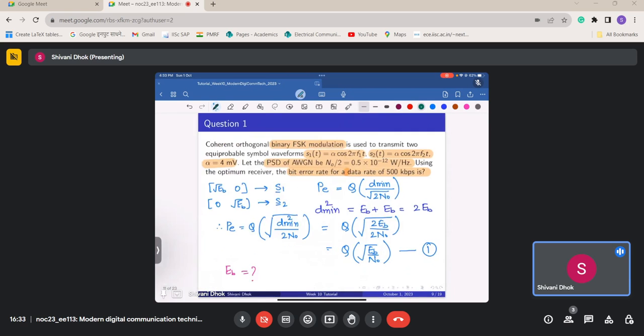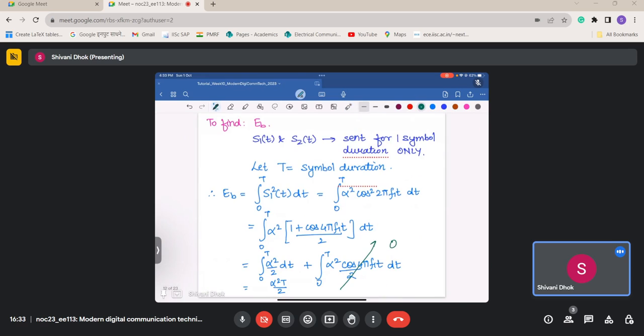Now let's go back and look at what is the value of N0. So this N0 by 2 is equal to 0.5 into 10 raised to minus 12. So this N0 will be 2 into 0.5, which is 1 into 10 raised to minus 12. So this N0 will be basically equal to 10 raised to minus 12.